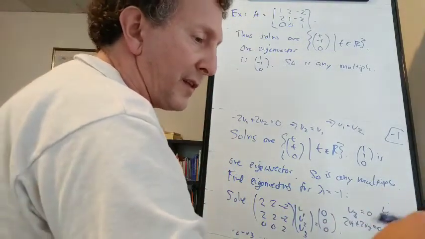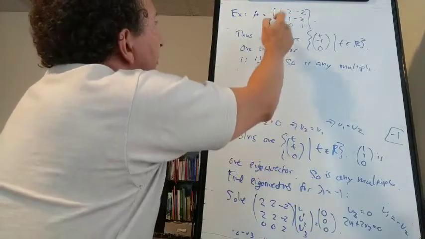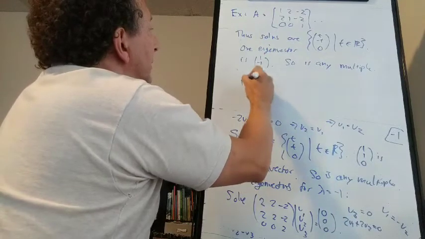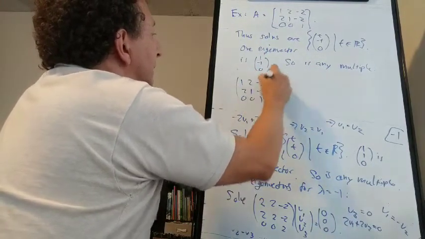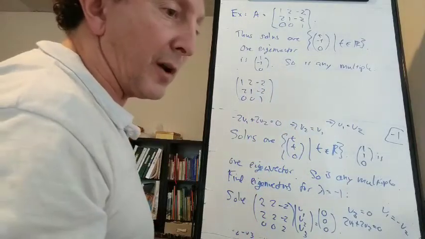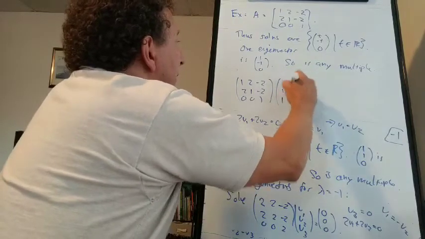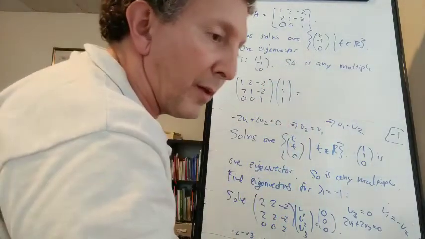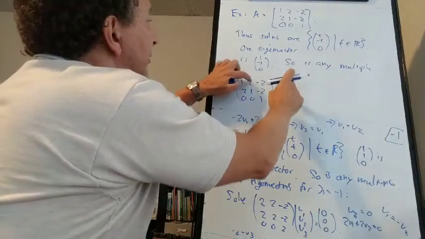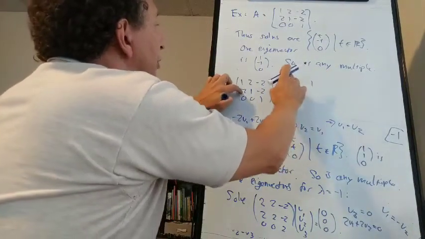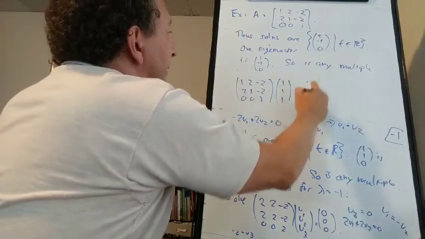So maybe we should try that. So the original matrix, here we go, 1, 2, negative 2, 2, 1, negative 2, 0, 0, 1. So our eigenvector for the eigenvalue 1 was 1, 1, 1. So 1 plus 2 is 3, minus 2 is 1. 2 plus 1 is 3, minus 2 is 1. 0 plus 0 plus 1 is 1.